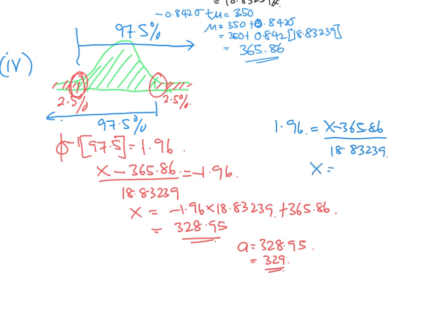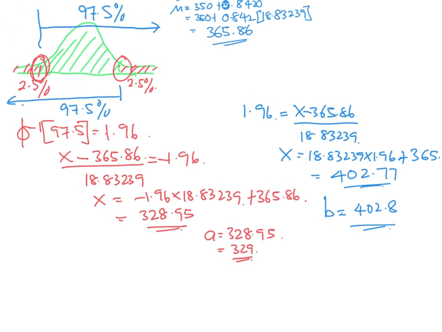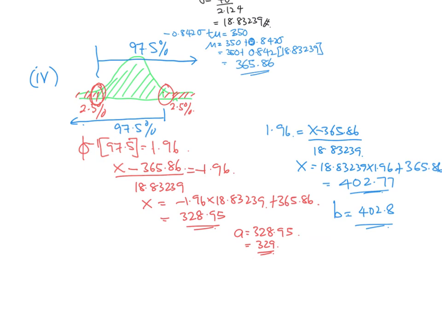So x equals 18.83239 times 1.96 plus 365.86, and the answer that I have here is 402.77. So the B value is 402.8. These are the two values that I have for A and B.